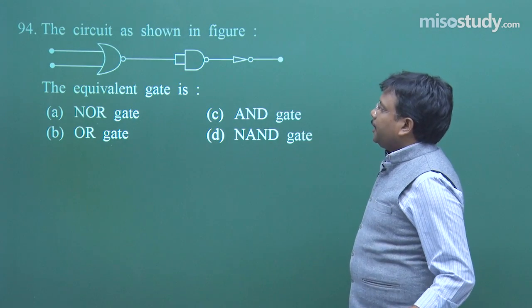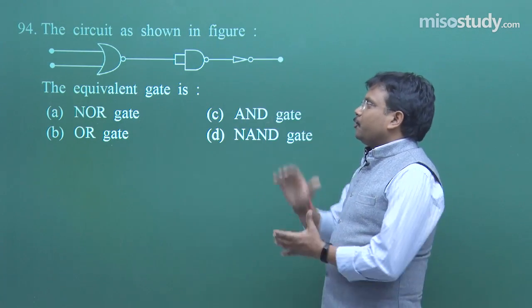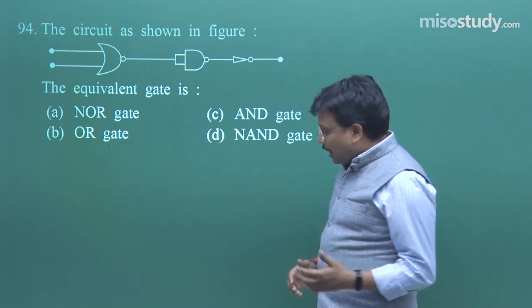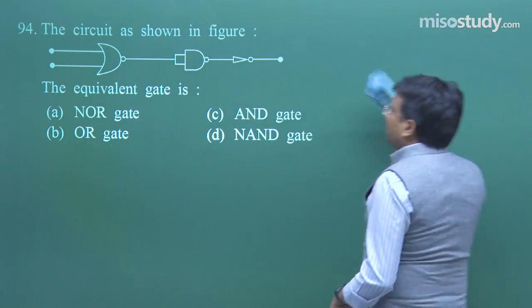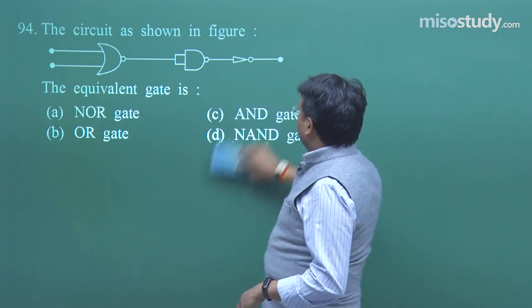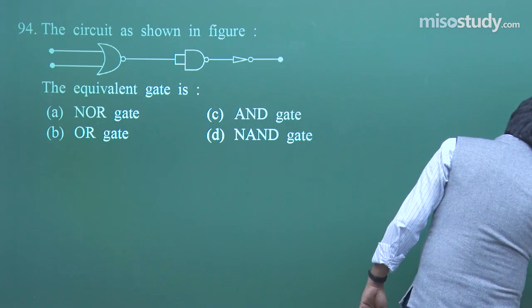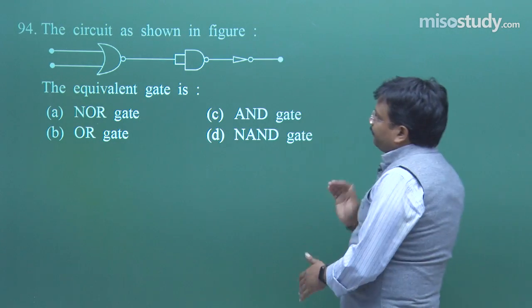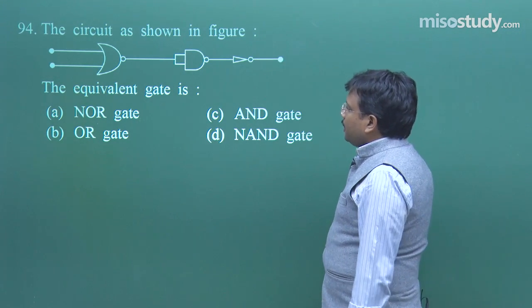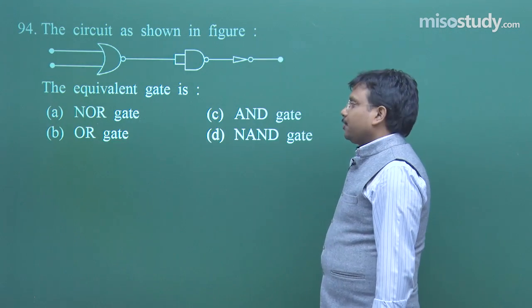Question number 94. Now the same type of question, the same approach, but I will tell you a different mode of how you can solve it. Here there are two methods.